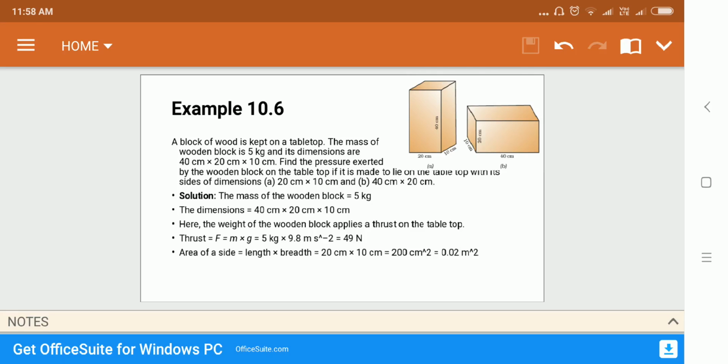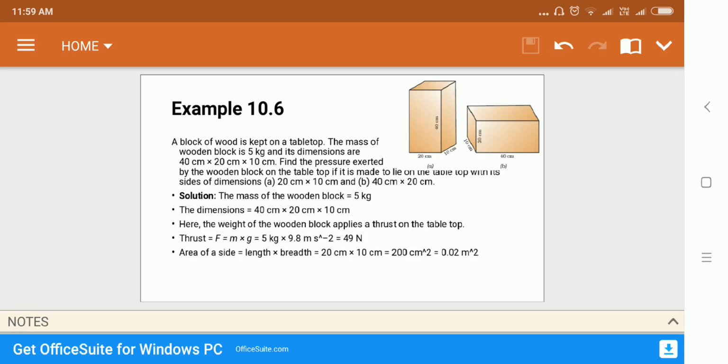The mass of the object is given as 5 kg, and g is not given in the example, so take the universally accepted value 9.8 meter per second square. So the thrust is F equal to mg, that is 5 kg into 9.8 meter per second square, that is 49 Newton, right?